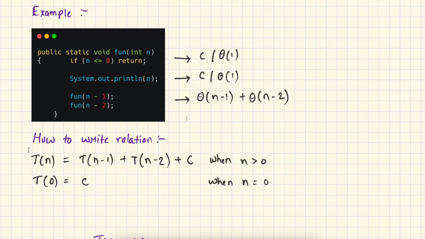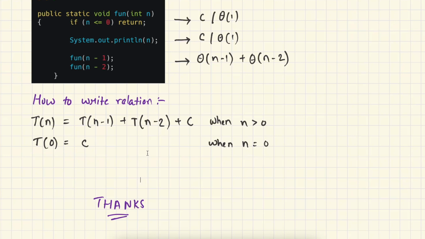It's going to be the time taken by this function when our input is n, which is equal to the time taken by the internal recursive function with n-1, plus the time taken by the internal recursive function when input becomes n-2, plus c. This is the relation when n is greater than 0, and when n becomes 0, the time taken by this function when n is equal to 0 is equal to a constant, right? Because we are performing a constant operation when n tends to 0.